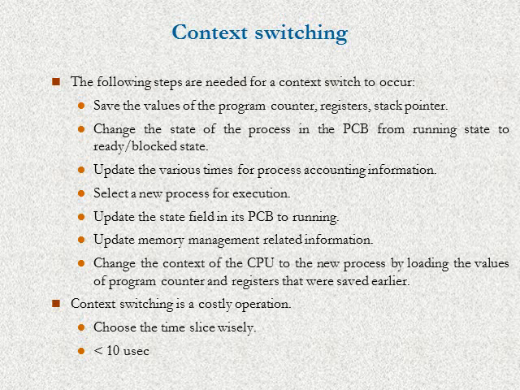This is a trade-off. If it is a large value, then only a few context switches will happen, so it will be light with respect to context switching, and only some time will be wasted in this process.